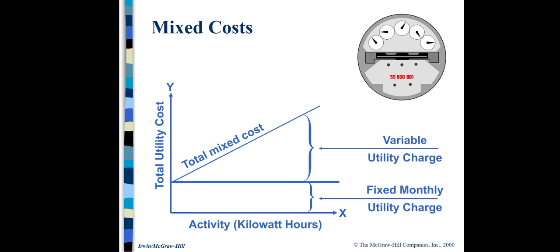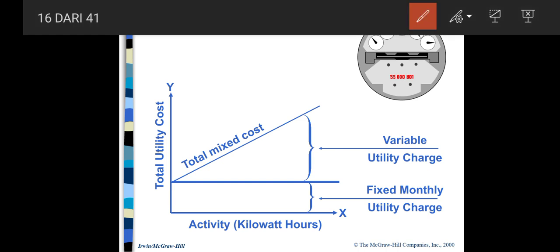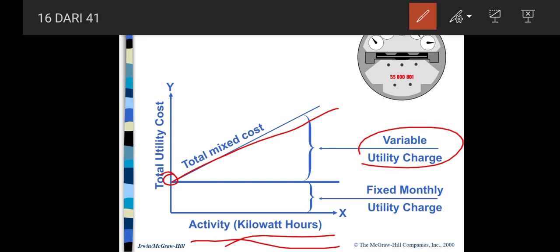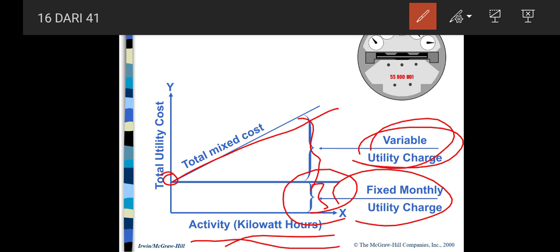So in here we can see that this is the variable cost. Yeah, they will constant in this point, then increase along the activities, the increase of activities. This is the variable utility charge, the relevant range. And then this is the fixed monthly utility charge. Nah, ini contohnya misalnya biaya depresiasi ya. Depresiasi, kalau ini contohnya misalnya biaya perawatan.